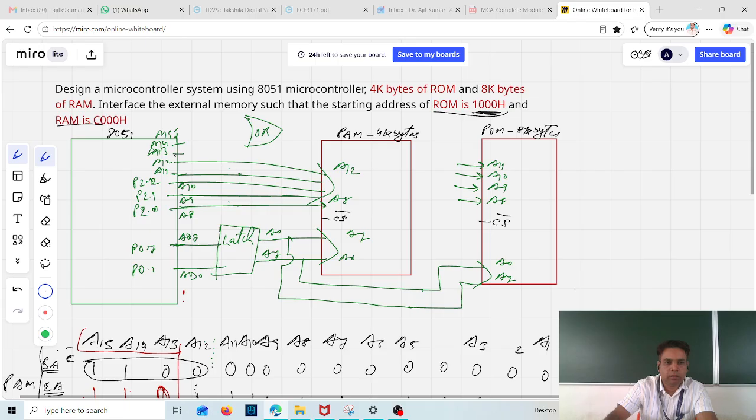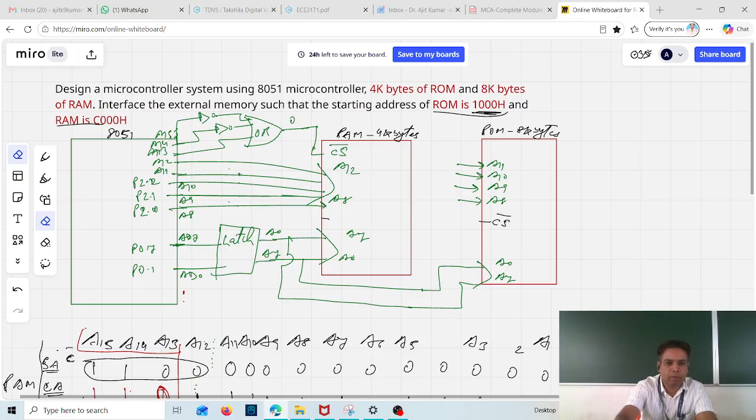So A13 direct connection, A14 NOT gate, A15 through NOT gate, they are the inputs. The output will be 0. So you can connect this for the chip select input. I'll write here CS input. So our RAM is selected by this.